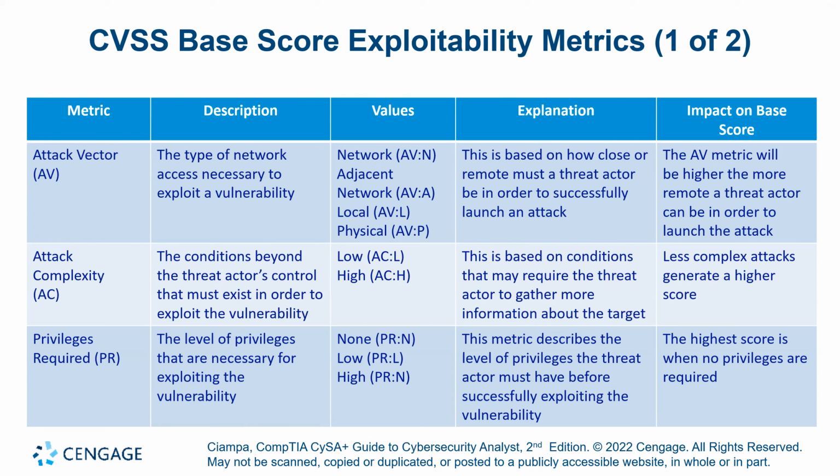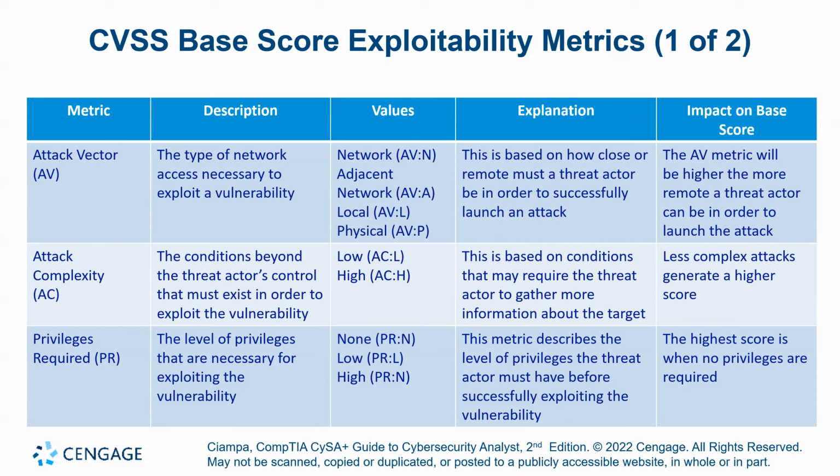And then there's your network, adjacent, local, physical. This is based on how close or remote the threat actor must be in order to successfully launch an attack. That was a poorly worded sentence.